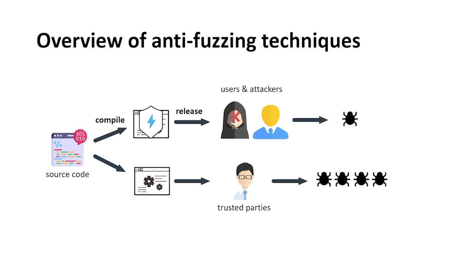The protected version will be released to the public, including the users and the attackers, and the trusted parties own the normal version. So the attackers can fuzz the protected program, but they can only find a few bugs because of the anti-fuzzing defense. And the trusted parties can also fuzz the program, but they can find more bugs and earlier than the attackers to avoid zero-day vulnerabilities.